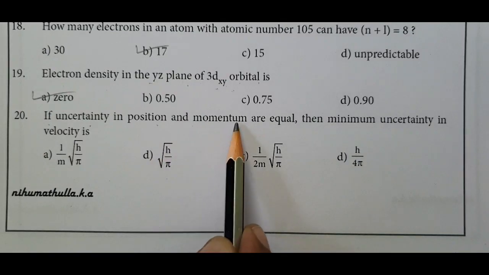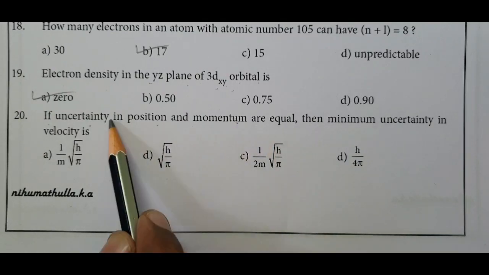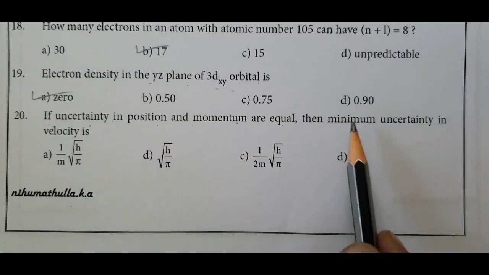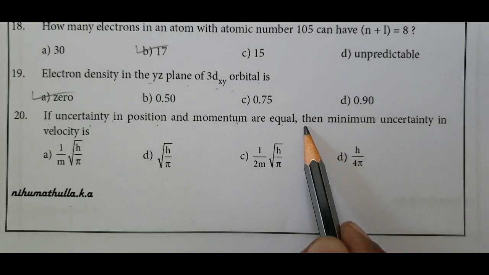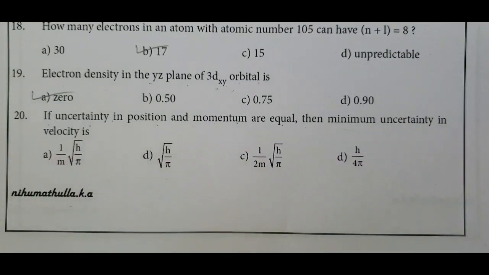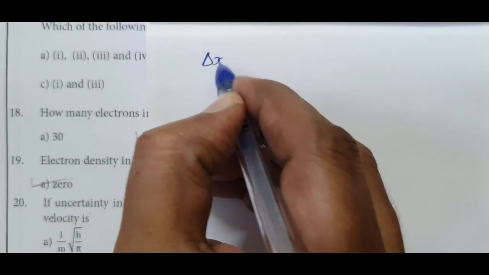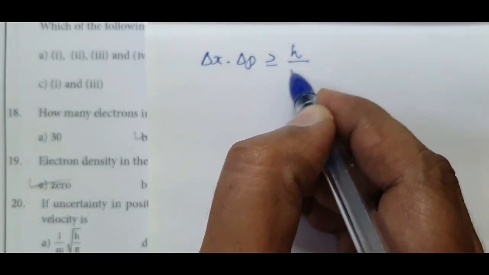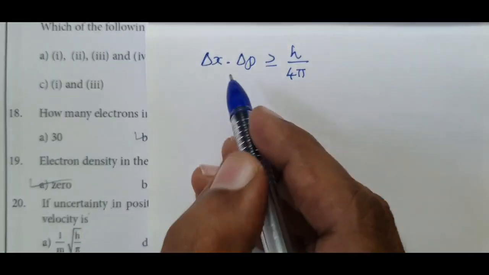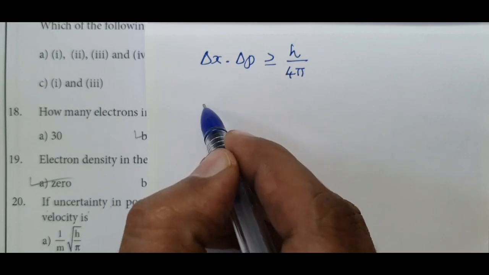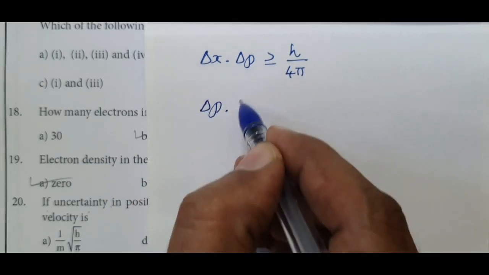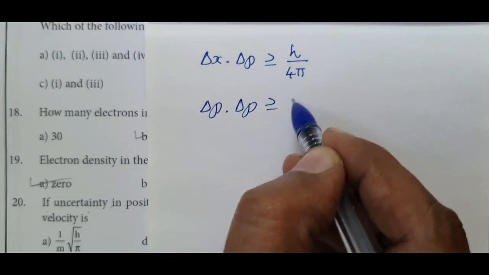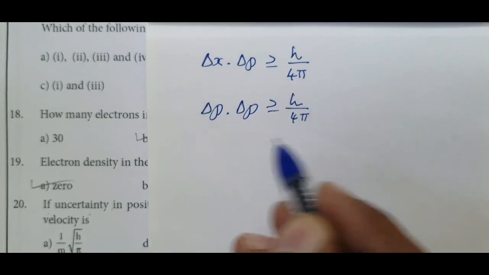And if uncertainty in position and momentum are equal, delta x and delta p are equal, then the minimum uncertainty in velocity is, we know the uncertainty principle, delta x into delta p greater than or equal to h by 4 pi. In our question, both these are equal, therefore delta p into delta p is greater than or equal to h by 4 pi.